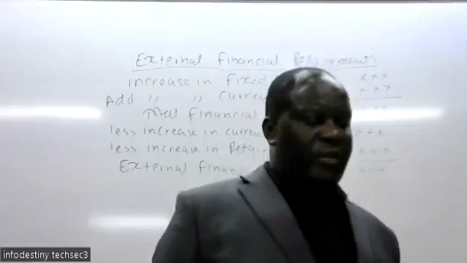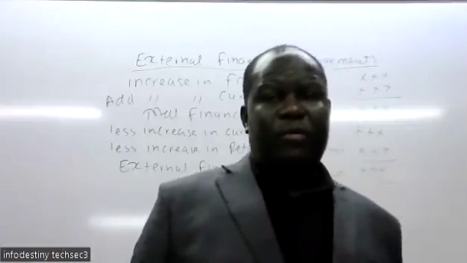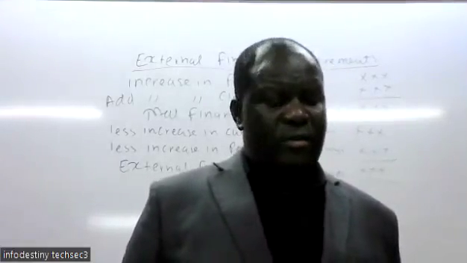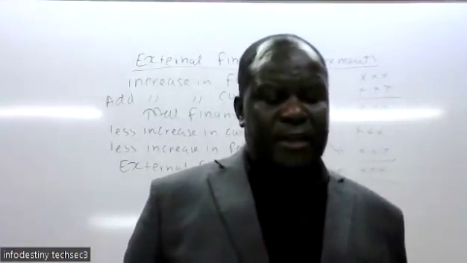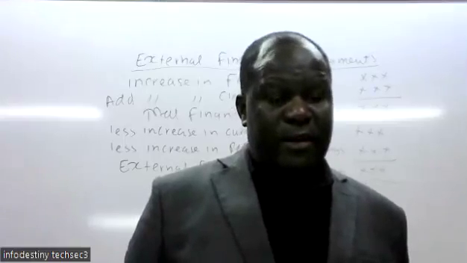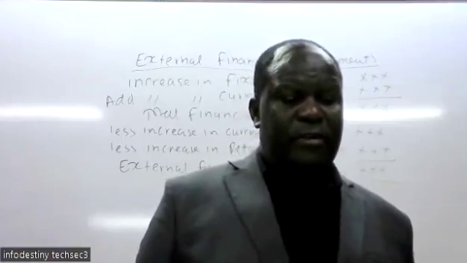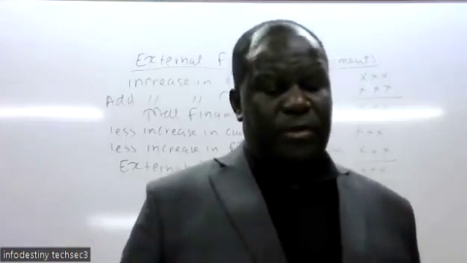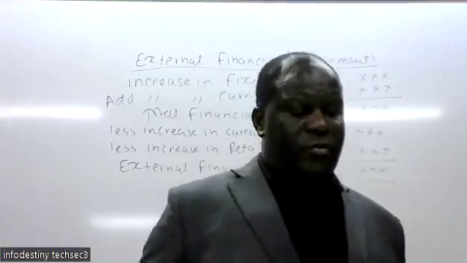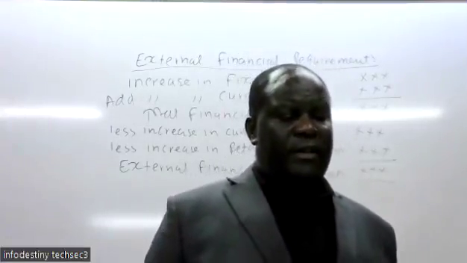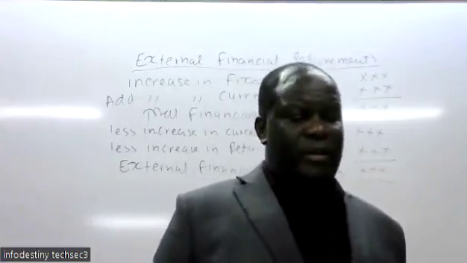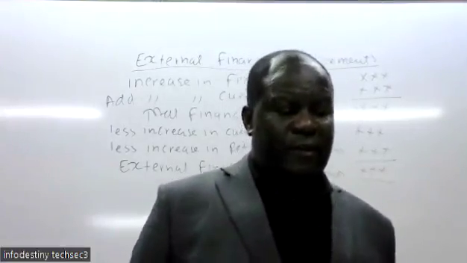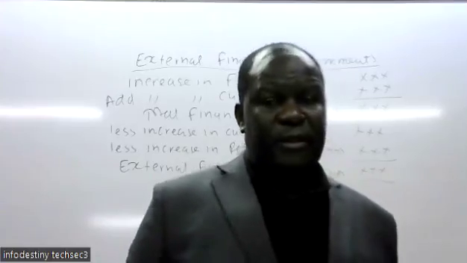Then additional information, note number 1: sales for the year ended 31st December 2015 amounted to shillings 120 million. Note number 2, the company forecasts that sales will increase by 10% for the year ending 31st December 2016.